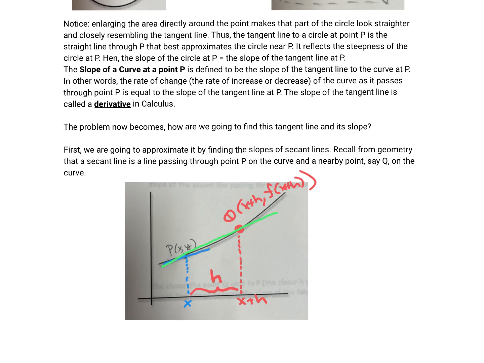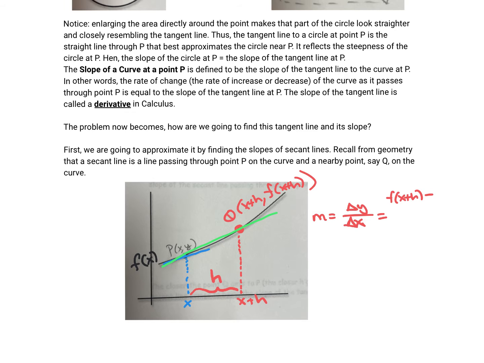Okay, so then we can find the slope of the line connecting P to Q. Because remember, a slope is equal to change in y over change in x. So if I look at the y of Q, it'll be f of x plus h minus the y of P, which let's just label this function f of x, since I'm already working with that.